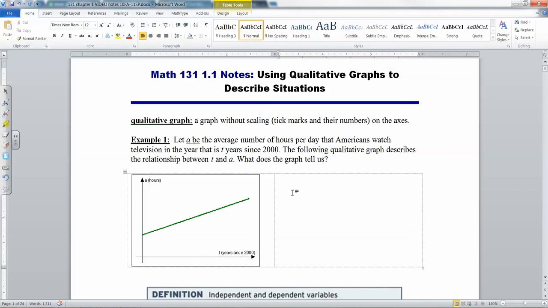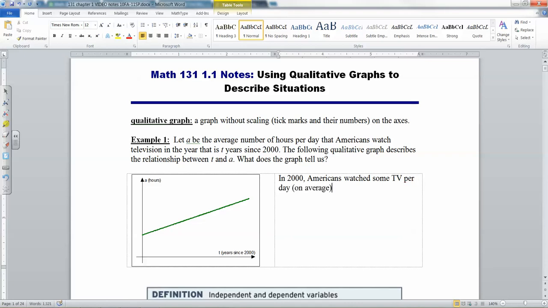Let's see. Well, you can see that in 2000, over here at the start, that's the beginning point, Americans were watching some TV, right? You're not going through 0, 0, the origin. The line starts out up here. So in 2000, Americans watched some TV per week or per day on average.